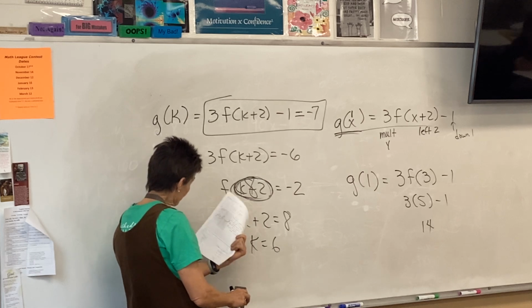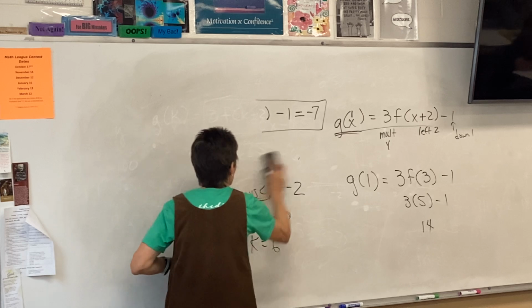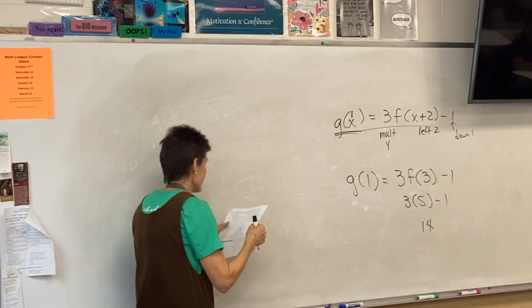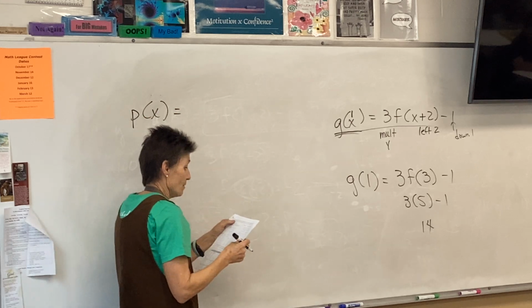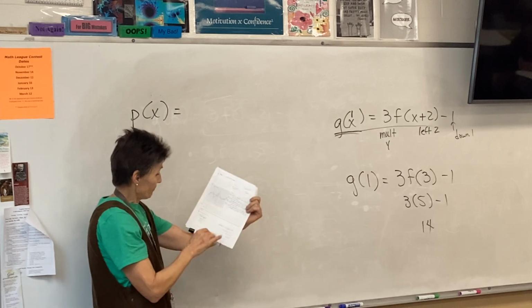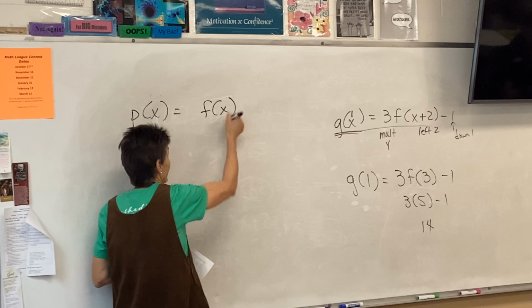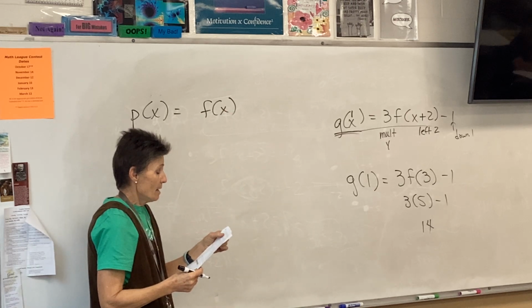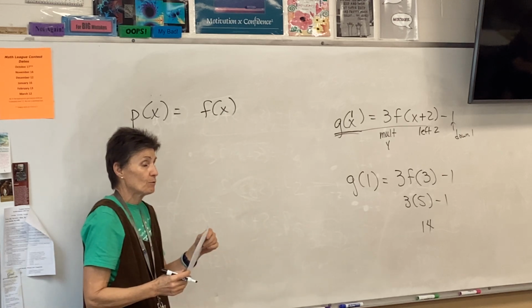All right, B goes along with the same thing, same chart. D says we have a new function, p of x, that's going to take our f, our chart here, this is the f function, and it's going to do stuff to it. What's it going to do to it? A horizontal dilation by a factor of 3.